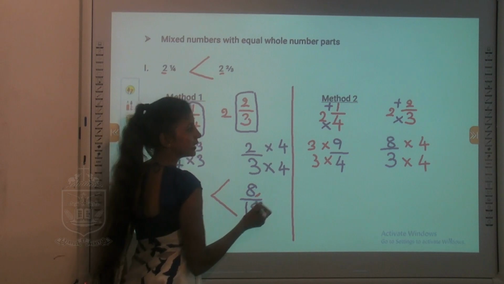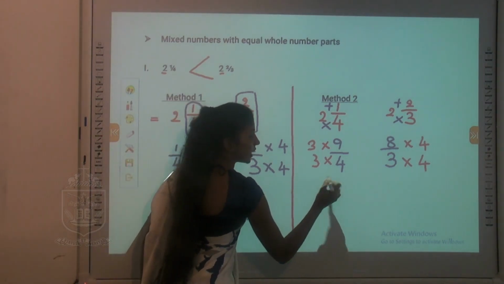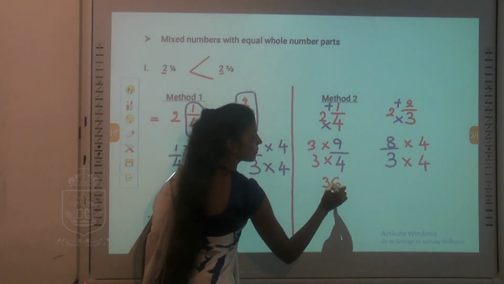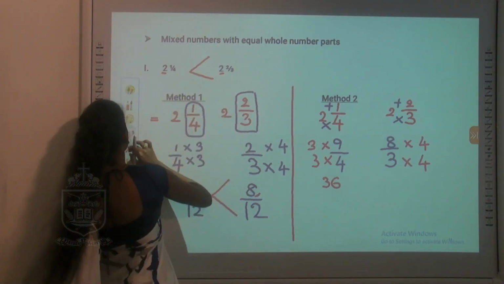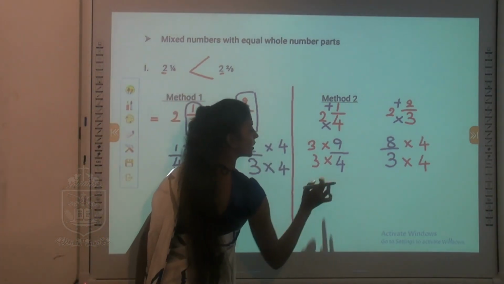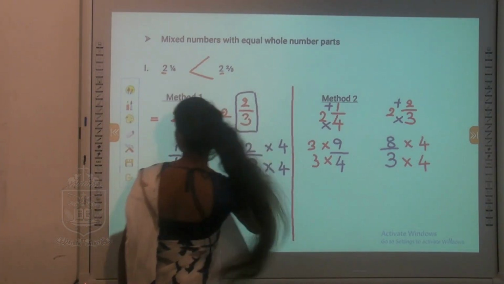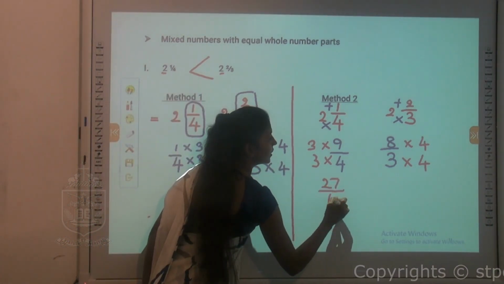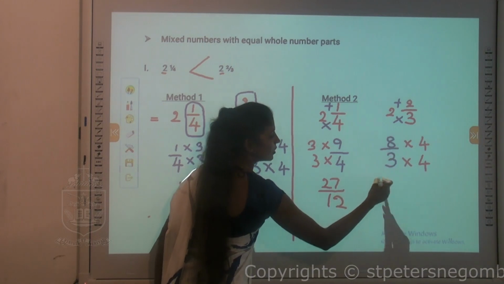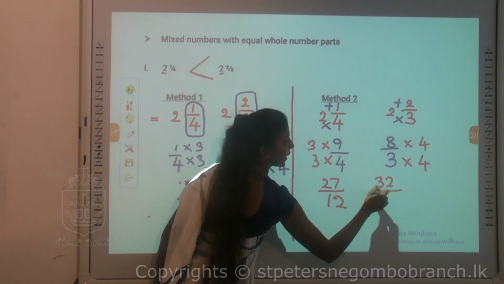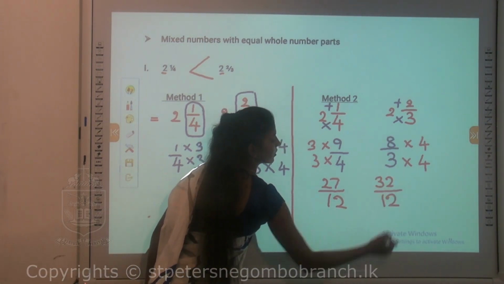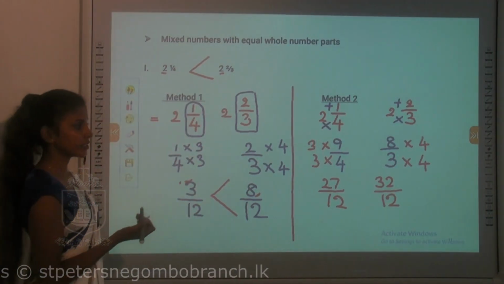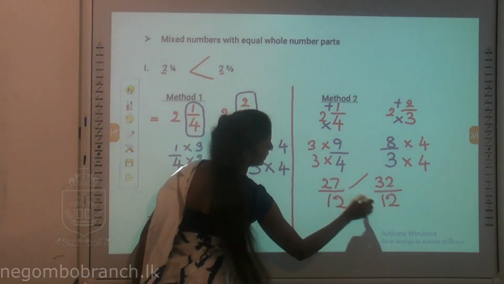So once we multiply 9 times 3, the answer is, sorry, 27. And next is 27 over 12. And 8 times 4 is 32, and 12. Okay, so what's the large fraction? What's the large improper fraction? This is the large improper fraction.